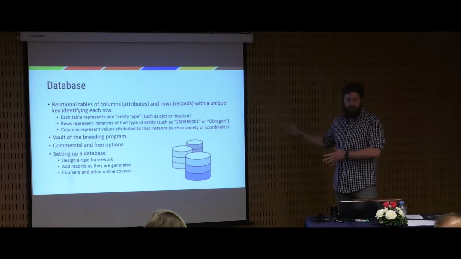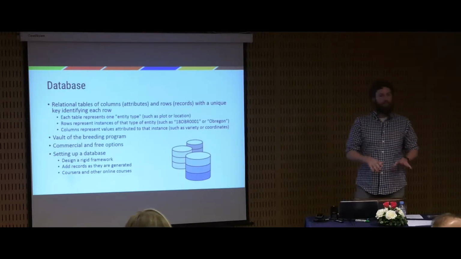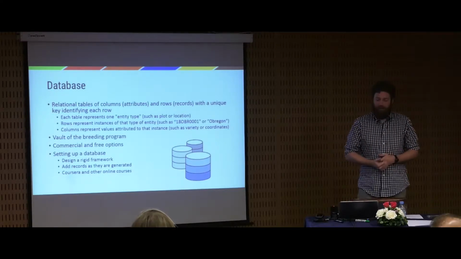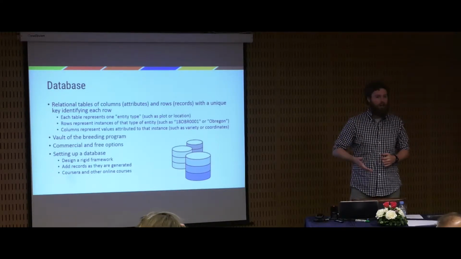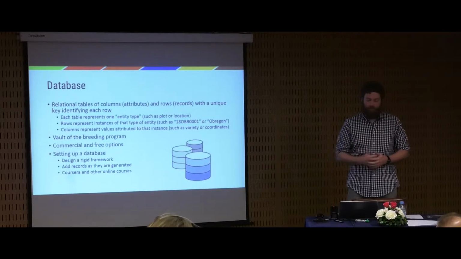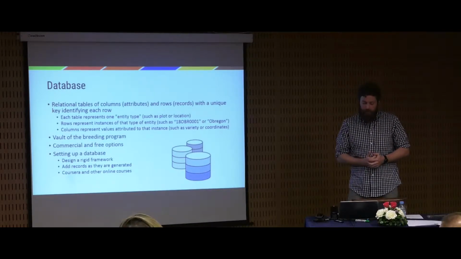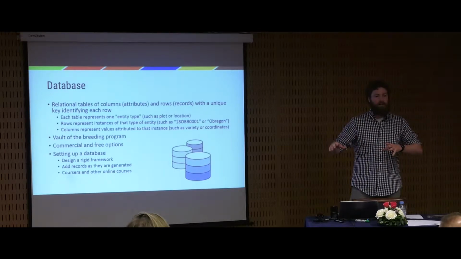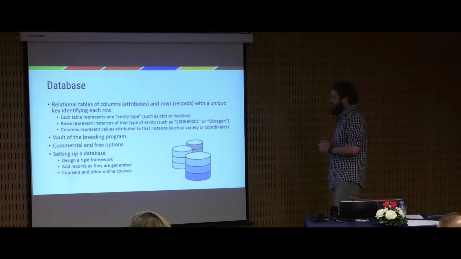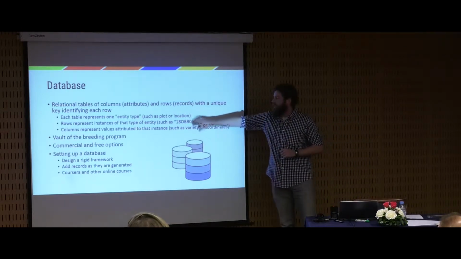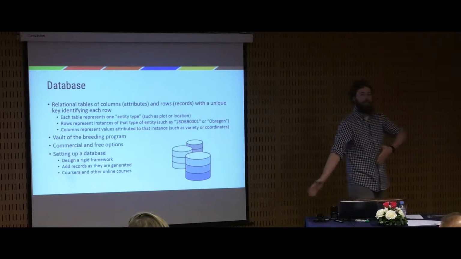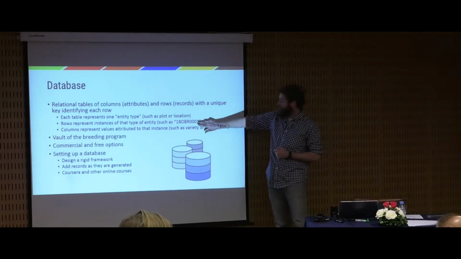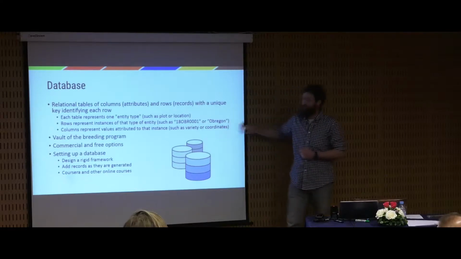But a database, in its bottom essence, is just a bunch of tables that relate to each other, that each store unique records. We have different columns that are attributes about each of those records, the rows being the records. And then we can start joining those tables to relate the concepts to each other. For instance, we have a table, say plot or location. Within that table, we can have a row with a plot ID or a location.